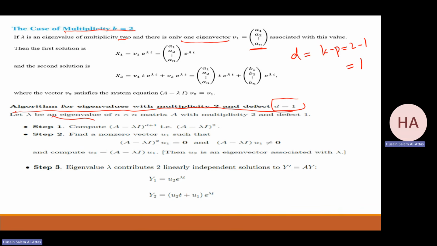First we find the eigenvalue, we did. Multiplicity 2. We compute A minus lambda I to the power D plus 1, which means A minus lambda I all squared.